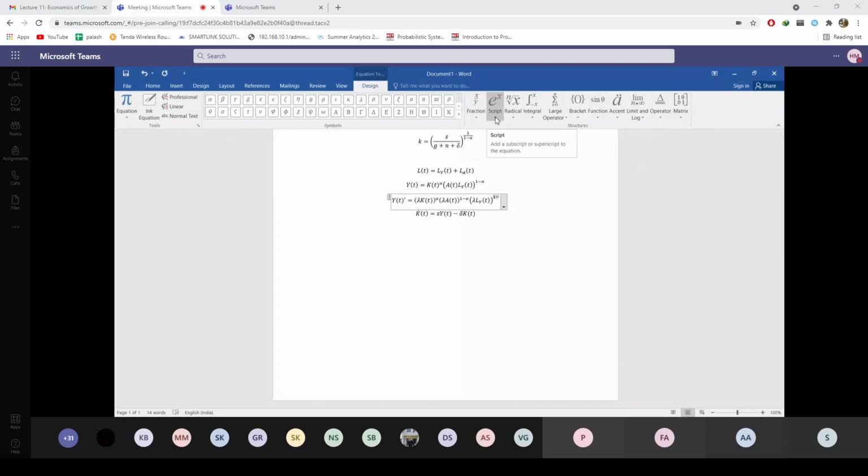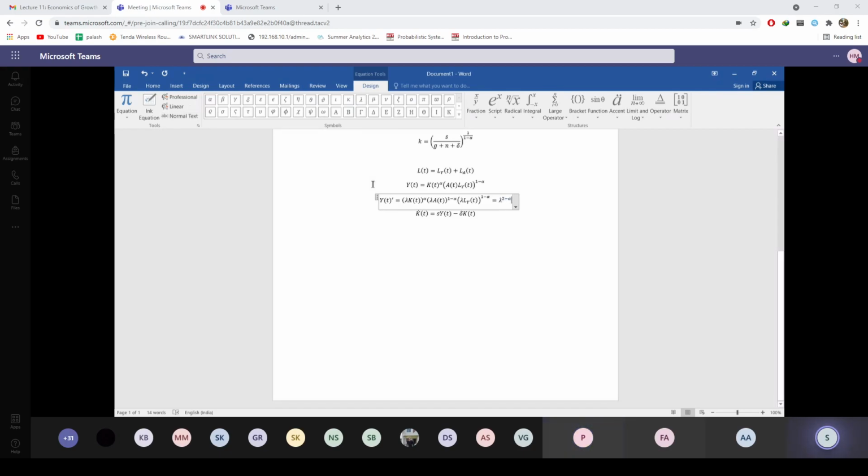If I simplify this expression, what do I get? Lambda to the power 2 minus alpha into the rest of the production function. Very good. Alpha is a fraction.